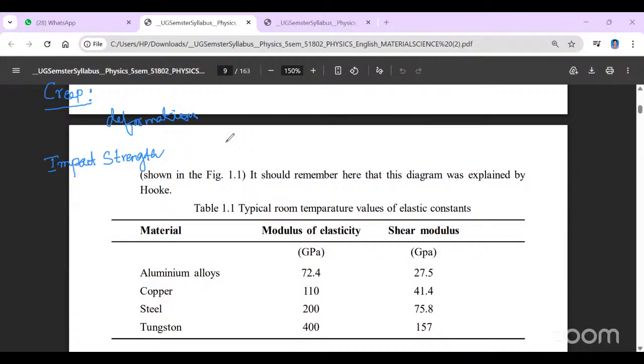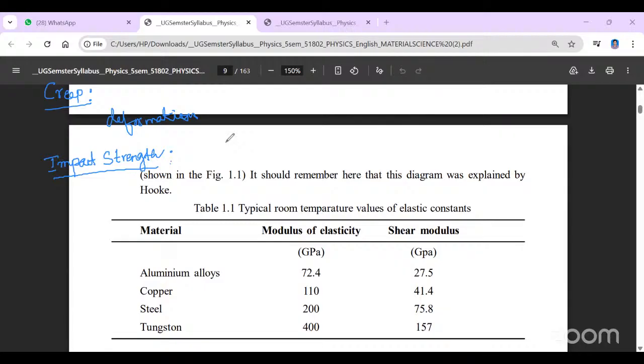Right. So this impact strength, or impact toughness, mainly is a measure of the amount of energy a material can absorb before it comes to fracture. Moreover, impact strength explains the ability of a material to withstand without fracture.